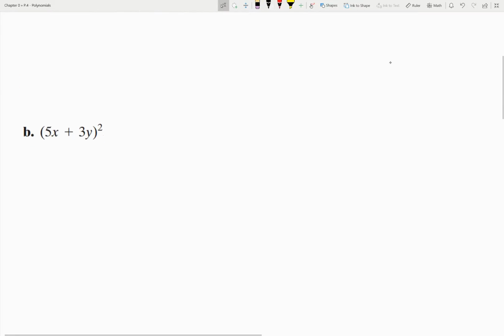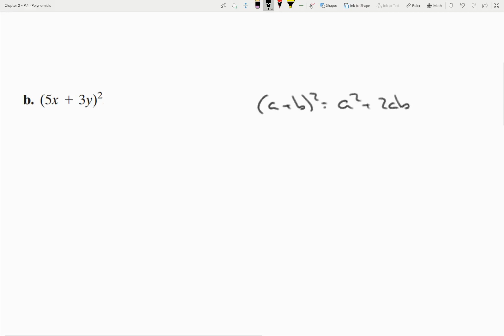Let's try one of our special techniques here, remembering that a plus b squared is a squared plus 2ab plus b squared. So if I use that technique here with this expression, I don't have to worry too much about writing it over again and foiling it together.